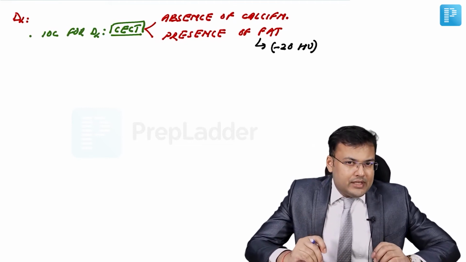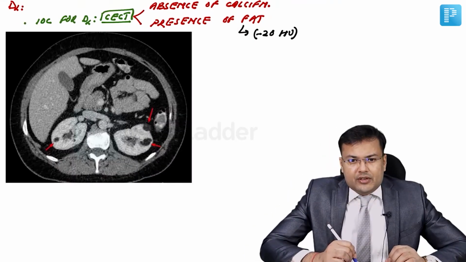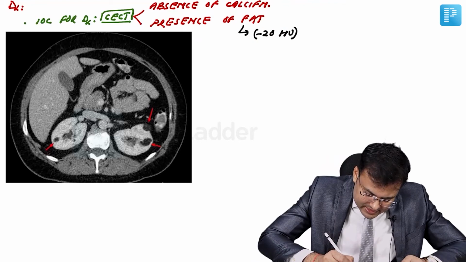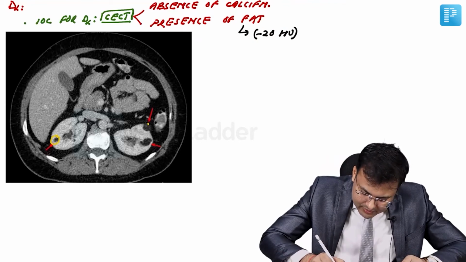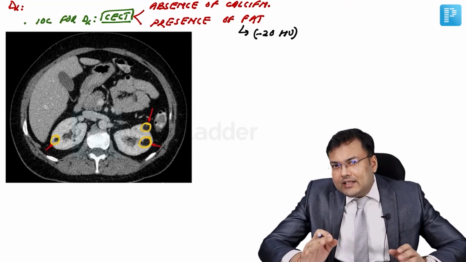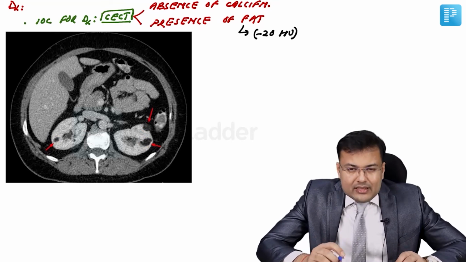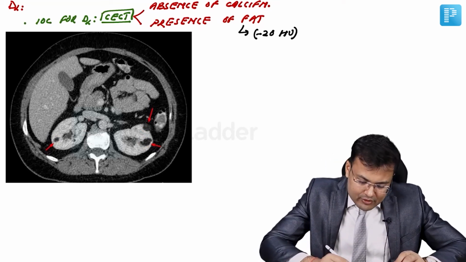There was an image based question asked in AIIMS. See this image. Here you can see the presence of a tumor in both kidneys. So there is a bilateral tumor and it's multiple. The appearance is relatively black and it has regular and smooth margins. Can you see the margins?